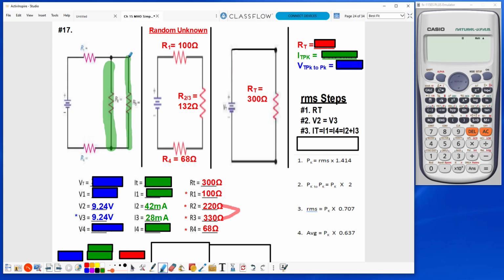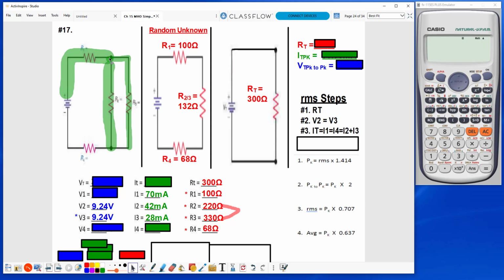That tells me that when the 42 milliamps and the 28 milliamps come together, whatever the sum of those two current amounts is must be my I1 current. So my I1 current is 70 milliamps, because if I know this current through R2 and this current through R3, both of those currents have to come back together to go from this point through R1 and back home.